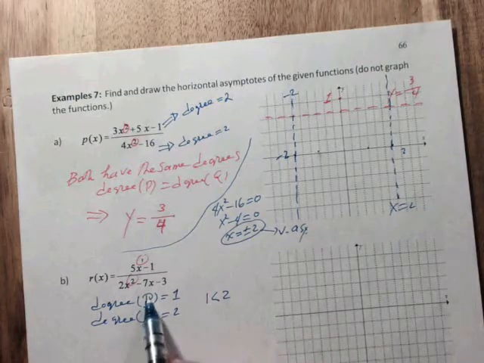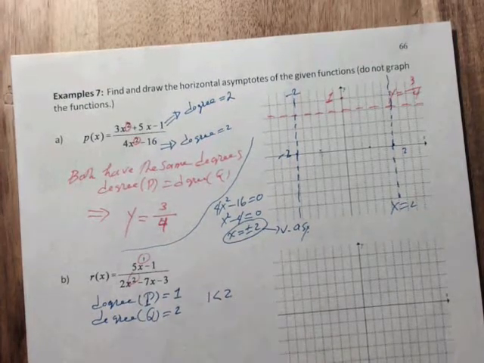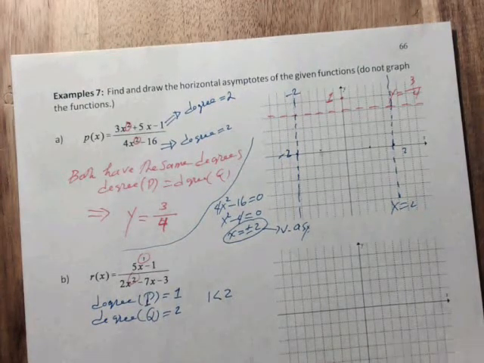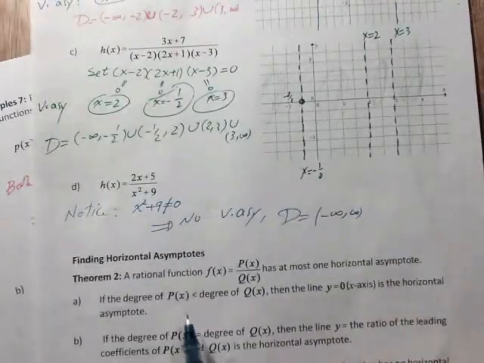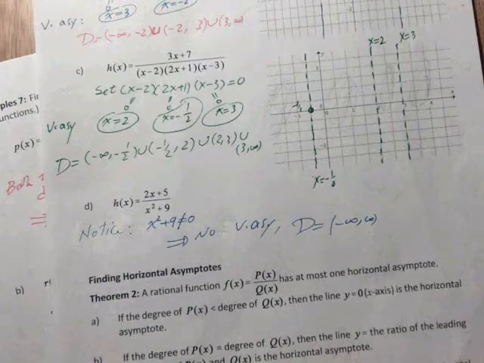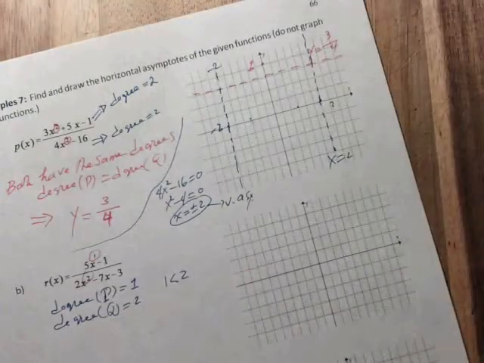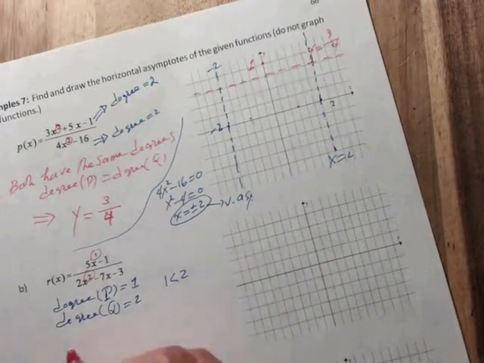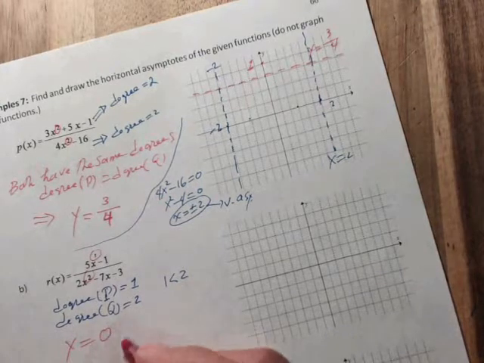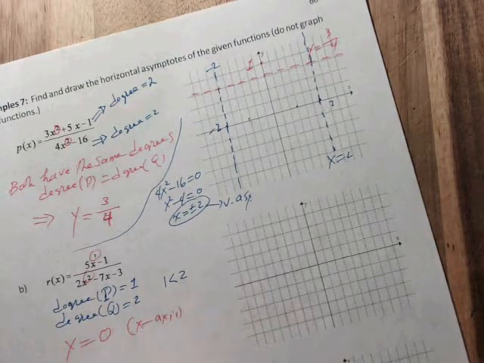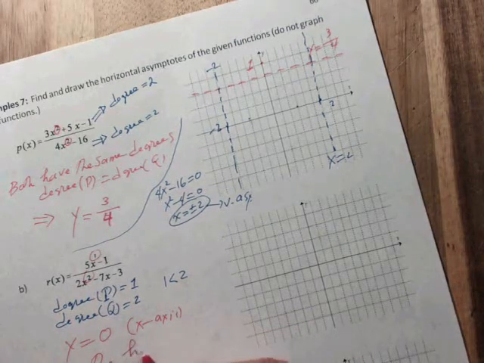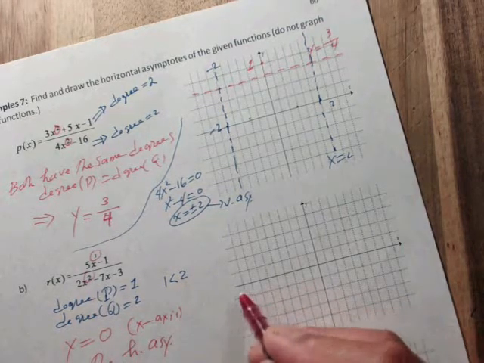The degree of P is less than the degree of Q. Remember what it said? If the degree of P is less than the degree of Q, then the x-axis is the horizontal asymptote. So in this case, y equal to 0, which is the x-axis, is the horizontal asymptote. So it's like right here, you see.